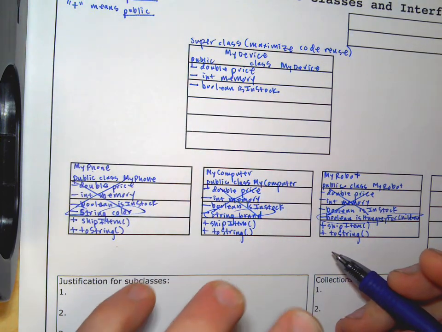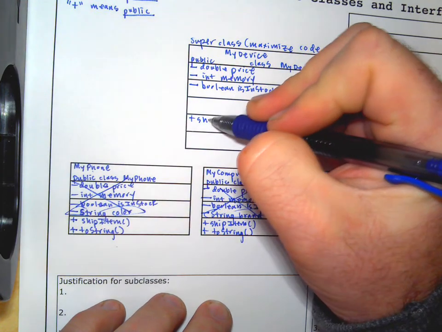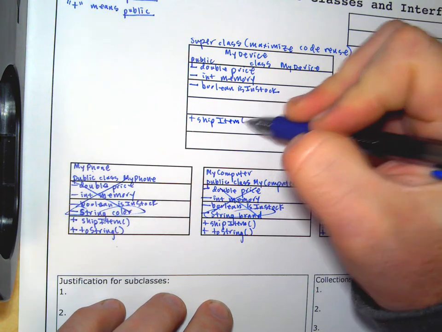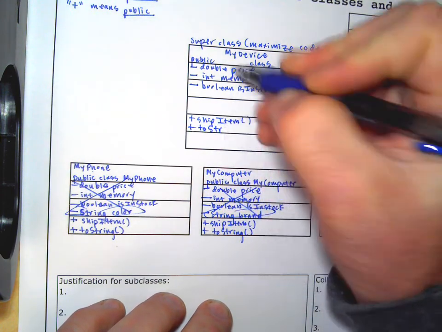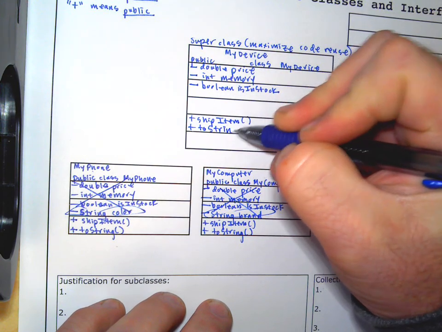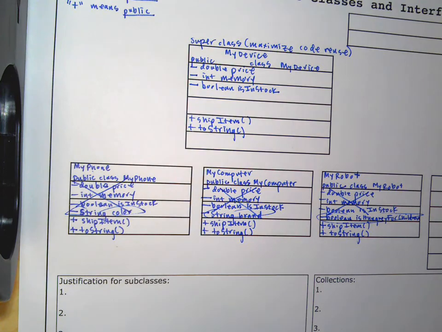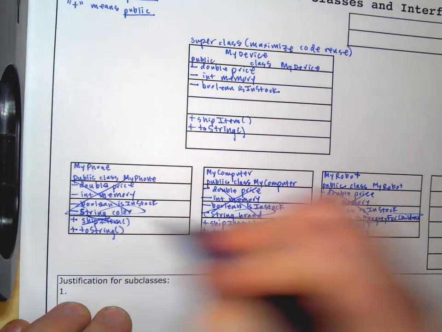But they also share the shipItem method completely, and they share some parts of the toString. So we'll do that up here. We'll put all this stuff into a toString for this class, and so we'll actually get rid of the shipItem class.